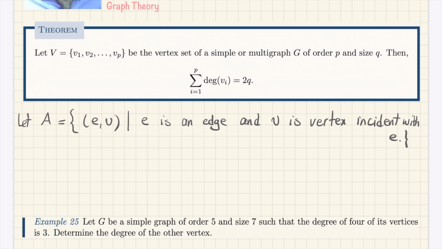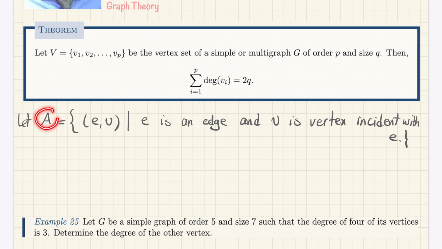Is that understandable? So this is the way that I introduce A. Now I want to count the number of elements in A in two different ways. And if I do the calculations correctly, then these two values should be exactly the same. Yes? Okay.